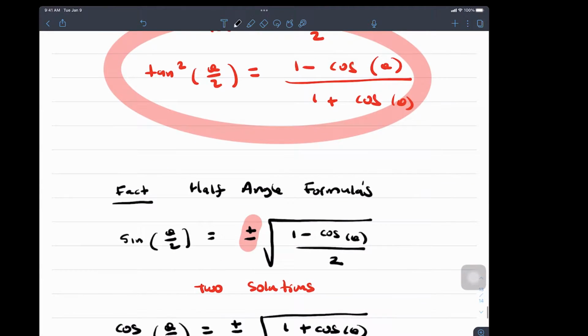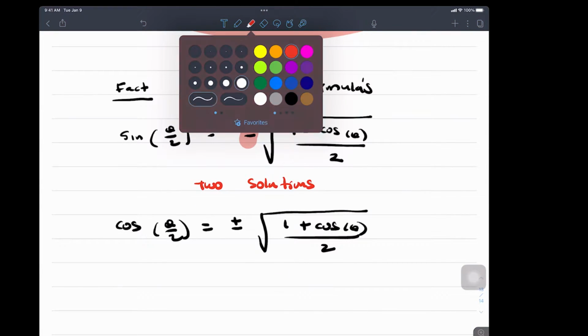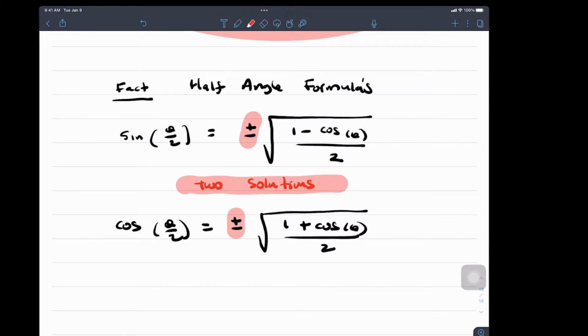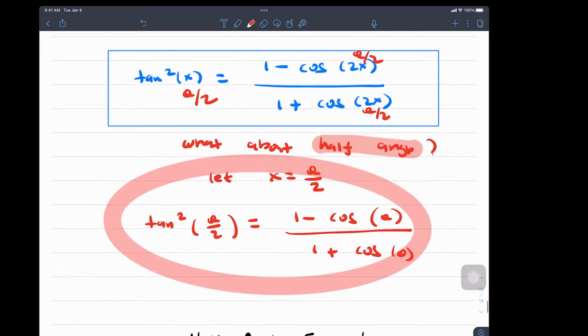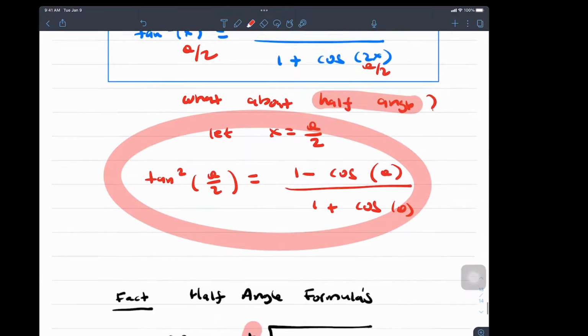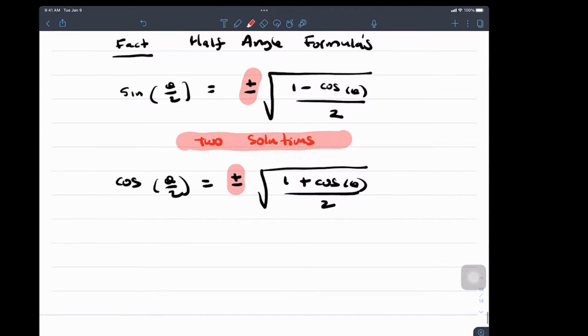Okay, and again there are 2 solutions because you have the plus or minus, right? And then you go, what about tangent? Well, you do have tangent squared, right? So the square root formula again gets applied. So you have these 3 formulas here.